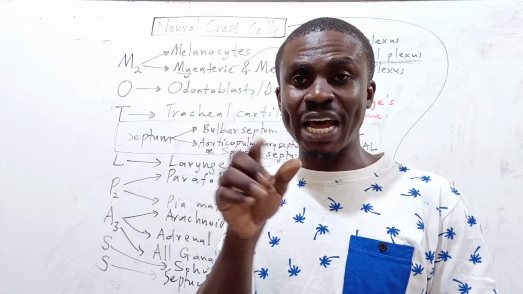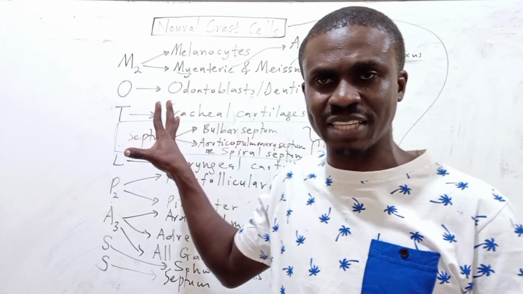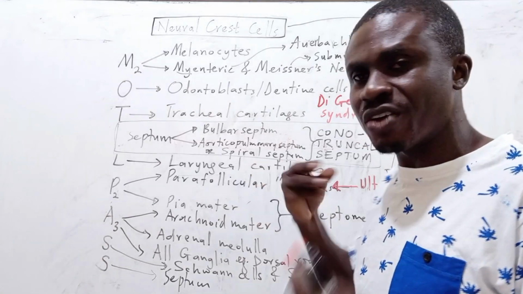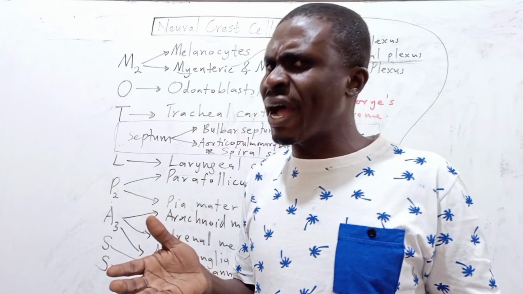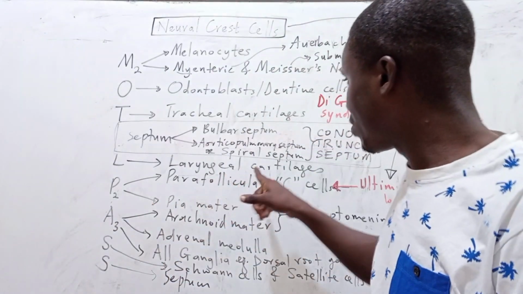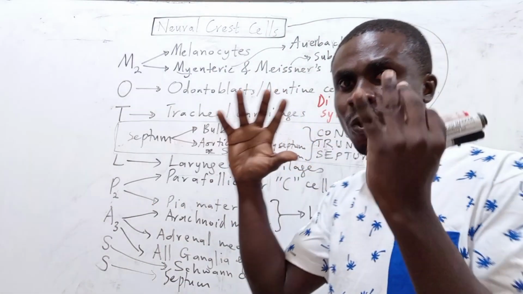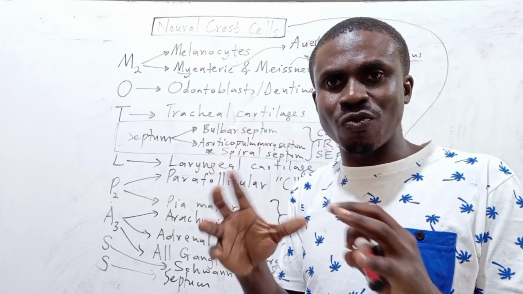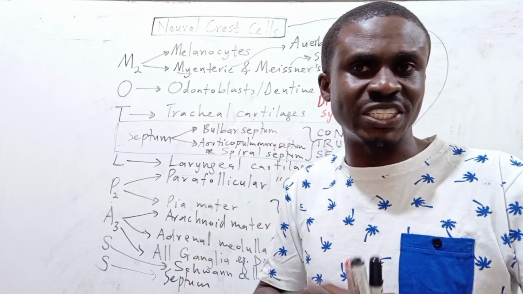But importantly, what I'm interested in as far as the neural crest cells are concerned is that they are supposed to migrate, forming these septa. And that is why the person may have transposition of the great vessels. Why? Because this spiral septum will ensure that the ascending aorta and the pulmonary trunk are in their normal positions.